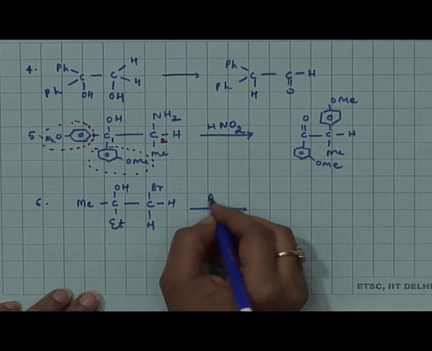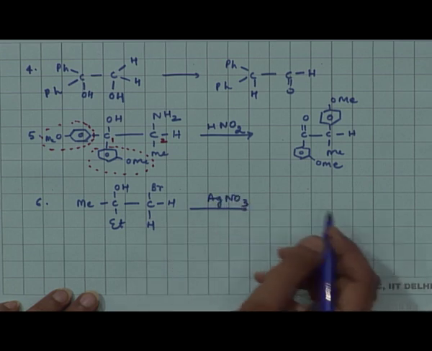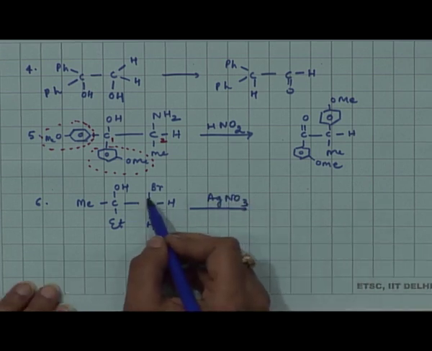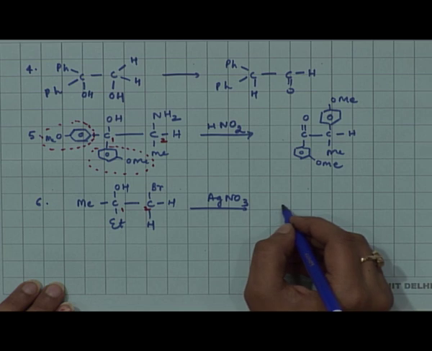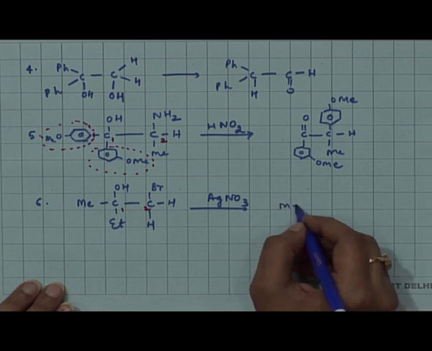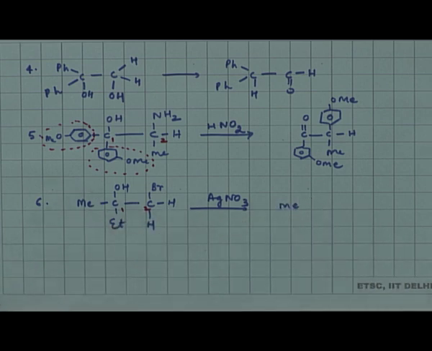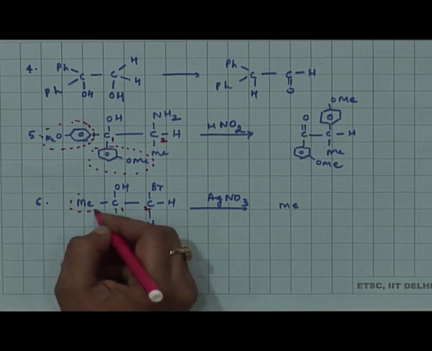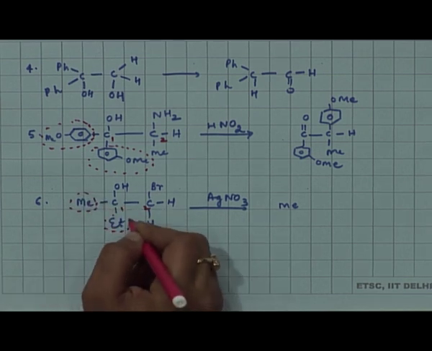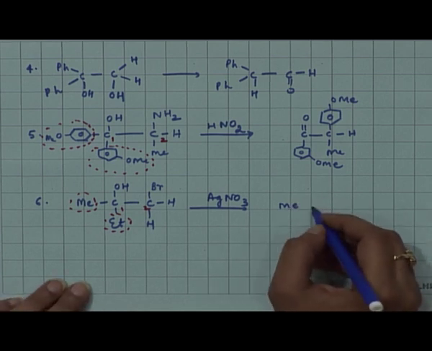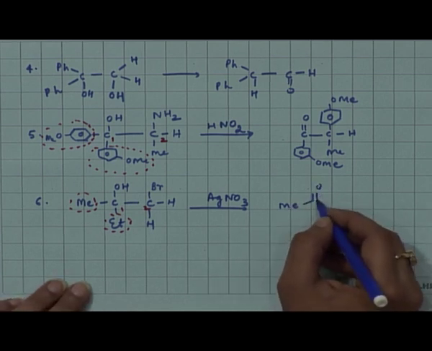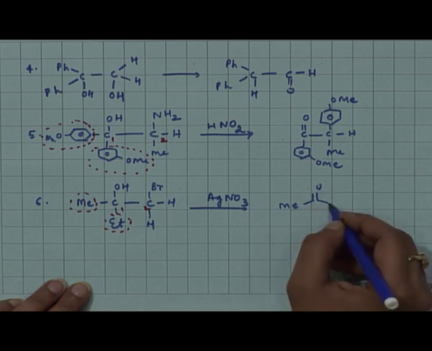Another example, treat it with AgNO3. Okay, you are going to generate a carbocation again on this carbon 2. So, the product is going to be, again there is going to be a choice between a methyl group and an ethyl group migration, and ethyl being more electron rich is the one which is going to migrate, leaving you with this acyl unit.